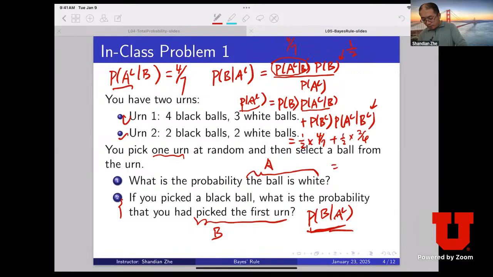This is 2 over 7 plus 1 over 4, which is 8 plus 7 over 28, so 15 over 28. Now you have this denominator, 15 over 28, and you have all the numbers you need to get the conditional probability of B given A complement. Any questions?